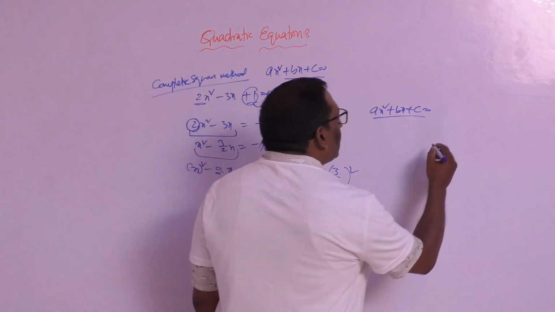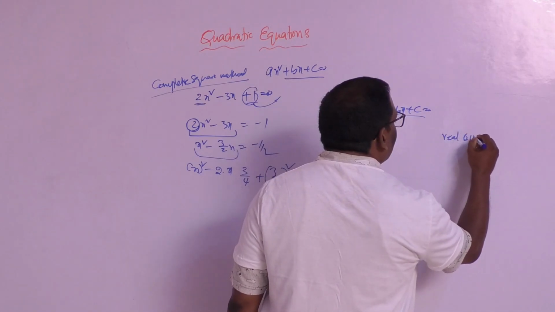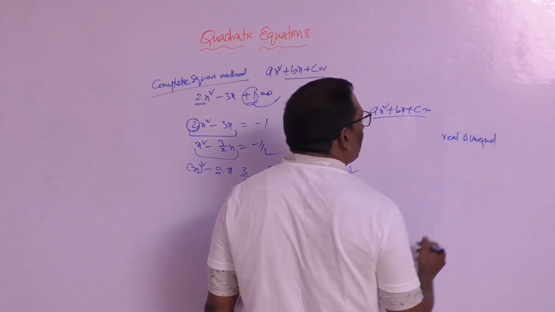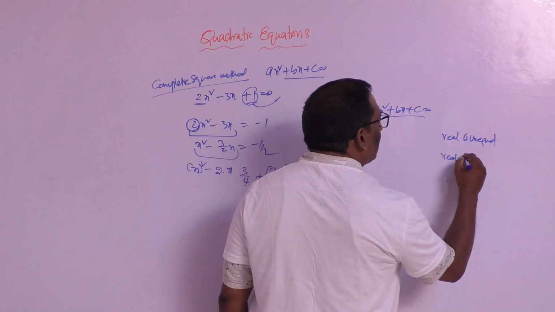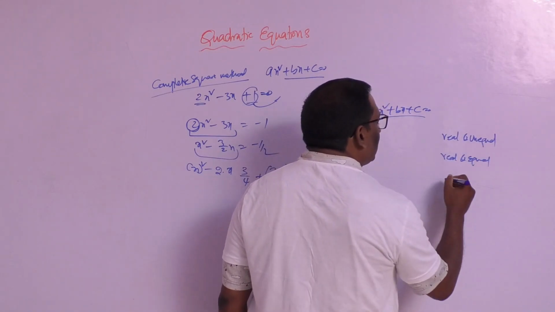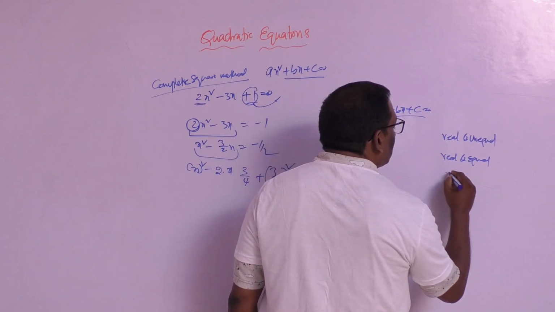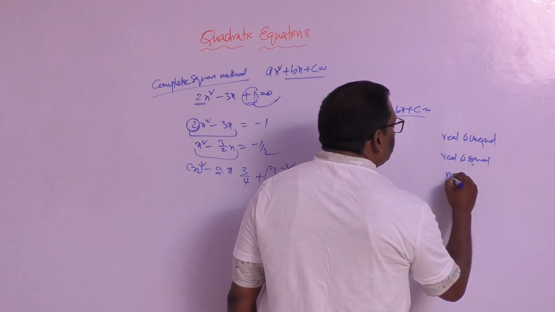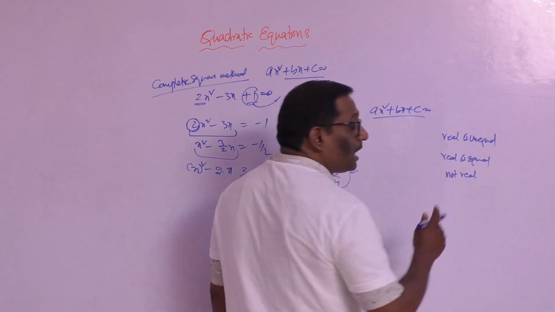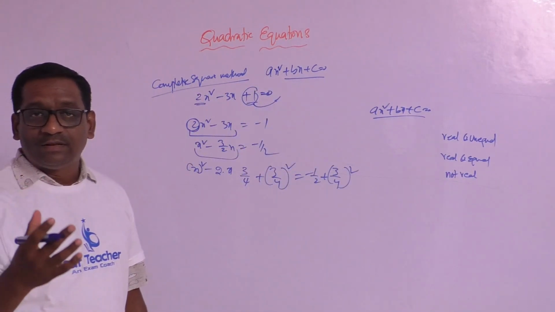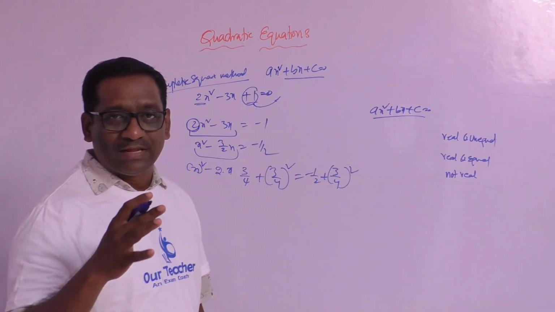The first one is real and unequal. The next one is real and equal. And finally, the last one is non-real, otherwise the numbers which we are unable to find.